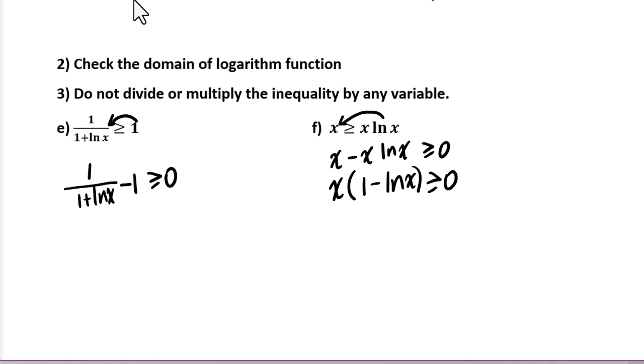The coefficient before log should be positive, so we divide by -1 on both sides. x times natural log of x minus 1 less than or equal to 0. Because we divided both sides by a negative number, we change the inequality symbol from greater than or equal to 0 into less than or equal to 0.